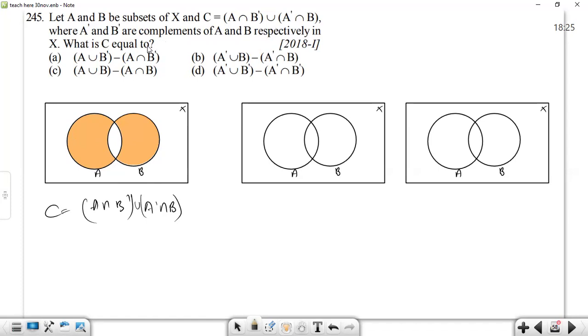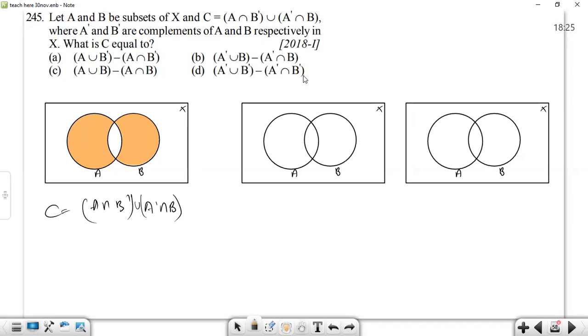Okay, then what is C equal to? Now we have to find out this C set using these options. Okay, so let's try to find out. Let's solve the first option first.